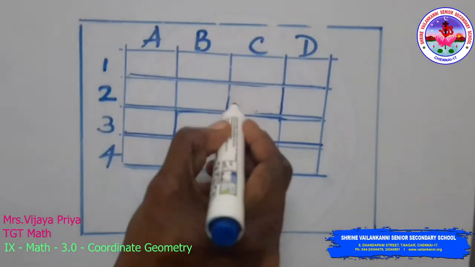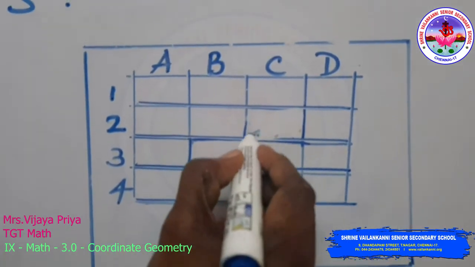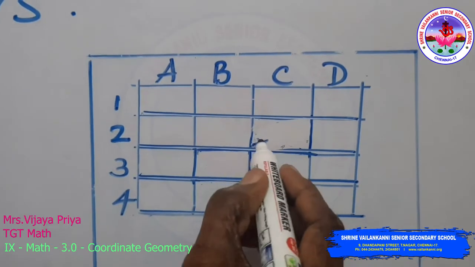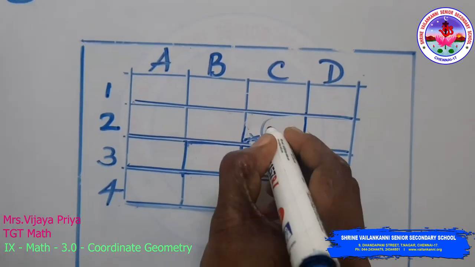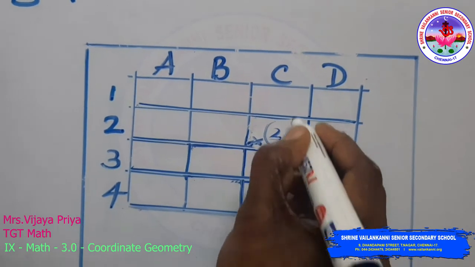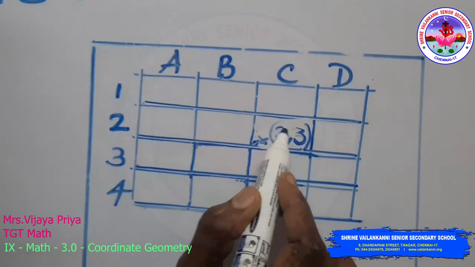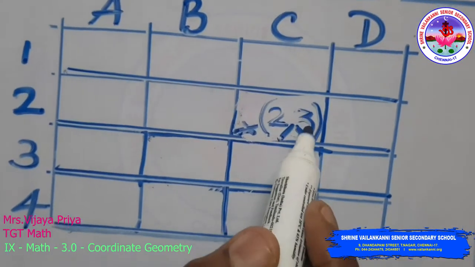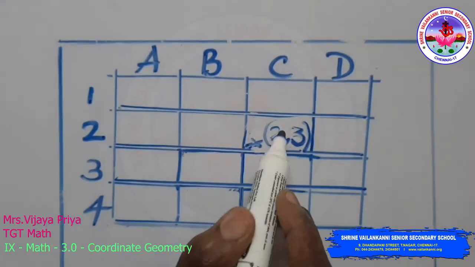Suppose a student is sitting here, how will you denote the position of the student? We represent this position as the second row, 2, and the third column, 3. So I represent this position as (2, 3), where 2, 3 are called the coordinates of this box.